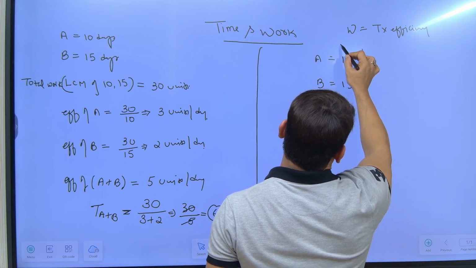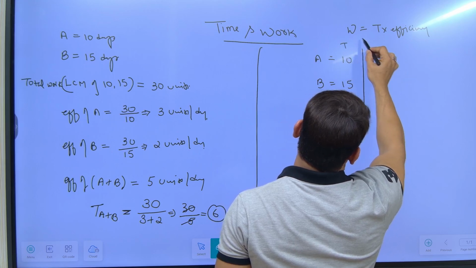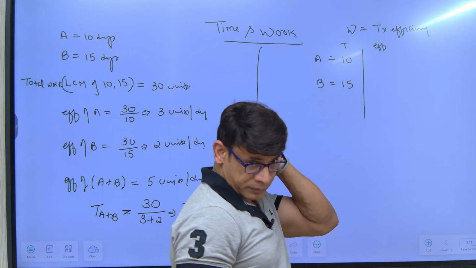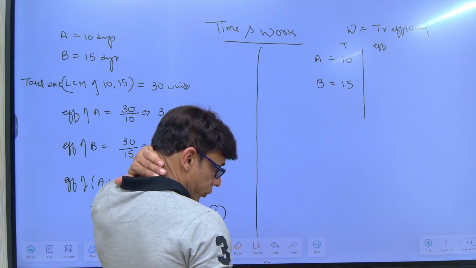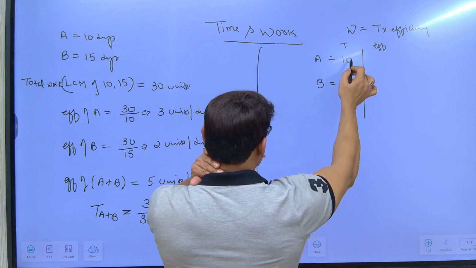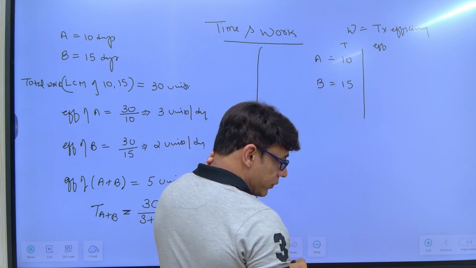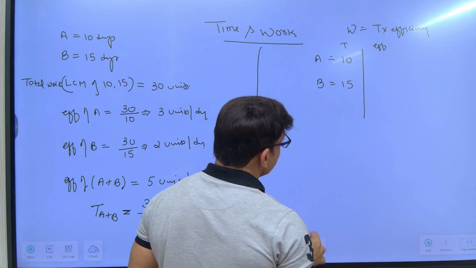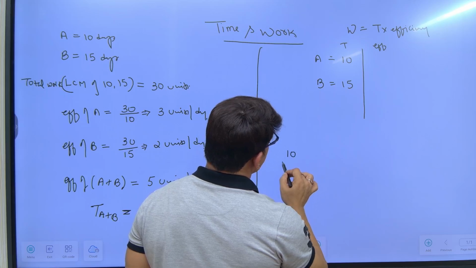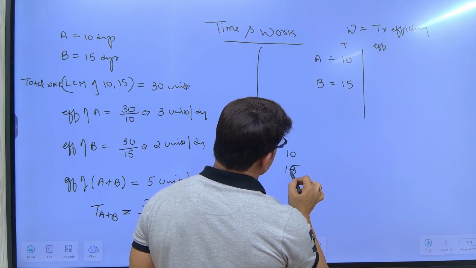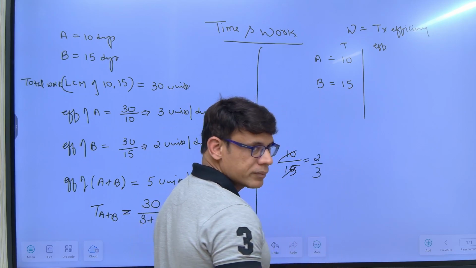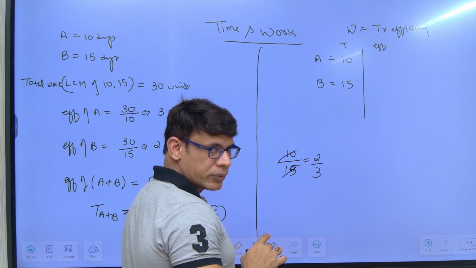See, this is time. And if work is constant, then time and efficiency are inversely proportional. So take the inverse of the ratio of time. What is the ratio of time? 10 and 15, which is 2:3.